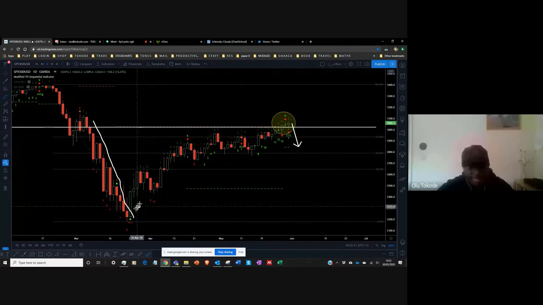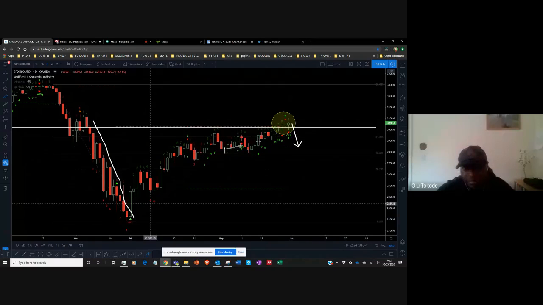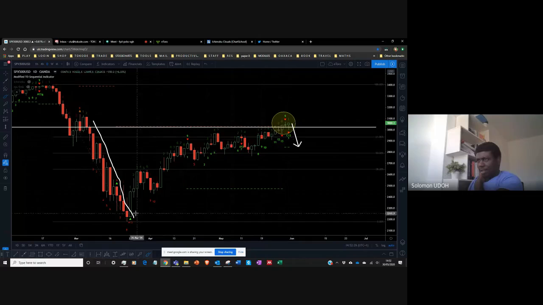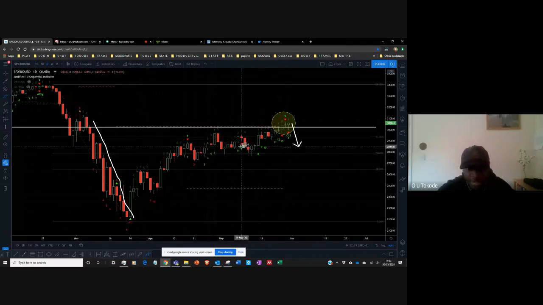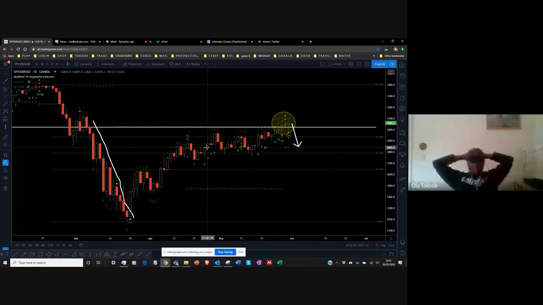This whole trend is the recovery of that move. So we have rallied and we have just reached exhaustion right at that level. This is interesting, but it doesn't work all the time.